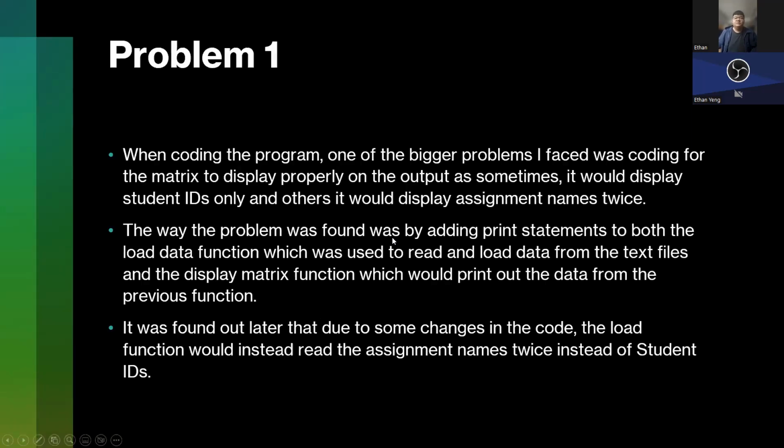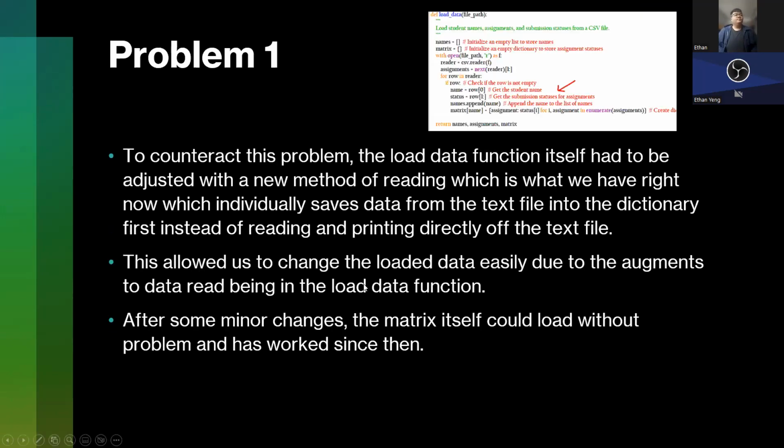So troubleshooting errors, right? My biggest problem with this code was when coding the matrix for the assignment section. A lot of times it would print multiple times, or it would only show student ID, that kind of thing, where it would be buggy on what it displayed. To counteract it, I had to change how the load data path was loaded.